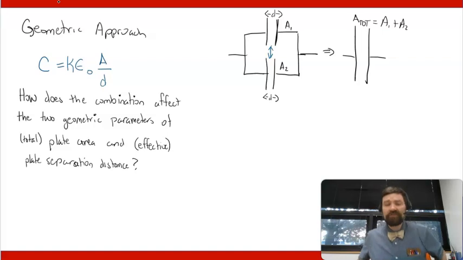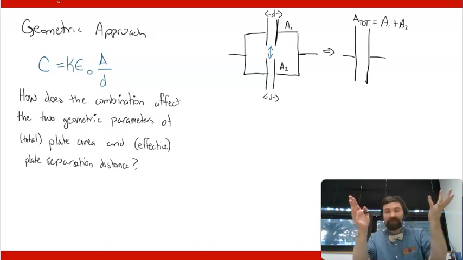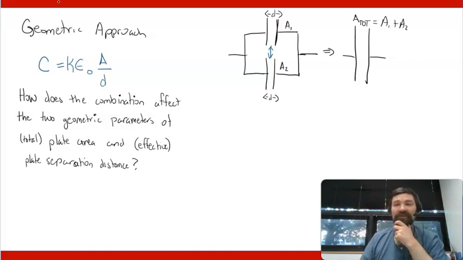Basically, if I take the two plates and I just connect them together side by side like this, I have this area and I have this area. I put them together, and the total area is the sum of the two areas. The distance between them remains the same. So in this simple sketch, by putting these two in parallel, I'm basically adding their areas together. Everything else stays the same.